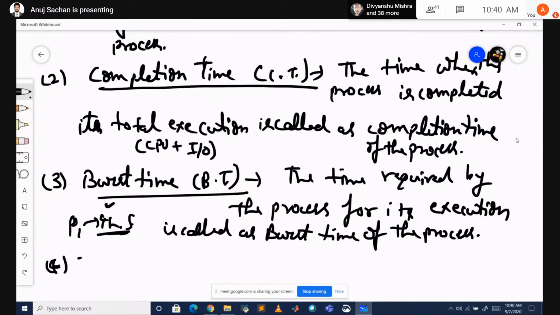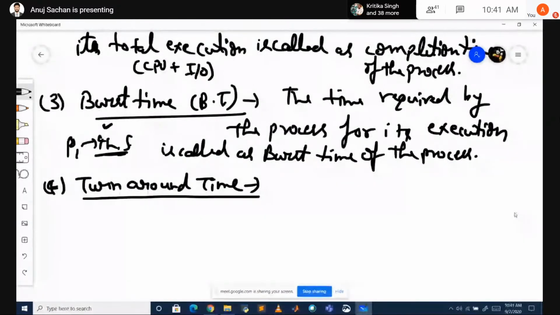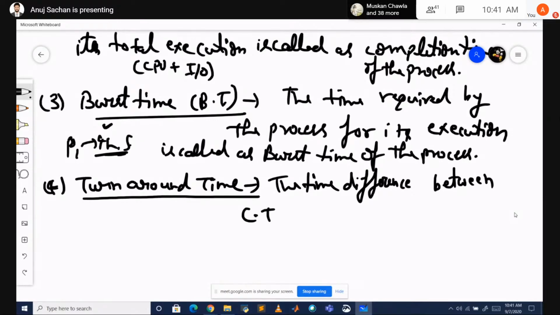उसके बाद आपका आता है टर्न अराउंड टाइम। अराइवल टाइम और कंप्लीशन टाइम के बीच का डिफरेंस होता है आपका टर्न अराउंड टाइम। Time difference between completion time and arrival time is called as turnaround time.